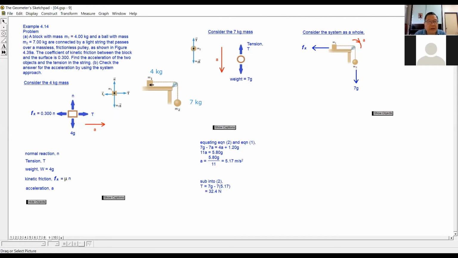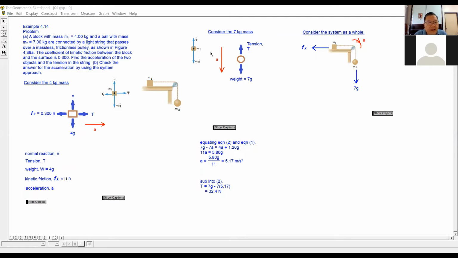Now, this 4 kilogram mass is drawn separately over here. Instead of looking at it on the table, you're going to look at it like this through a force diagram.